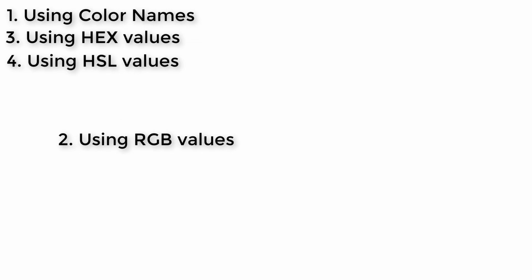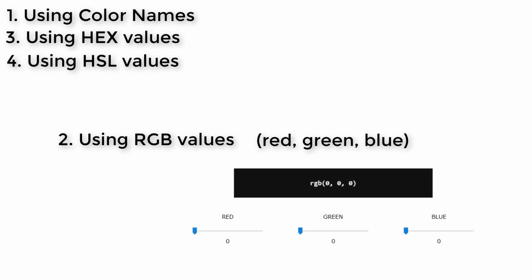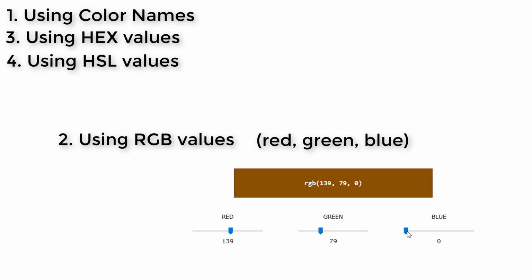The RGB color represents the combination of 3 colors: red, green, and blue. When we combine these 3 colors, we get different colors.